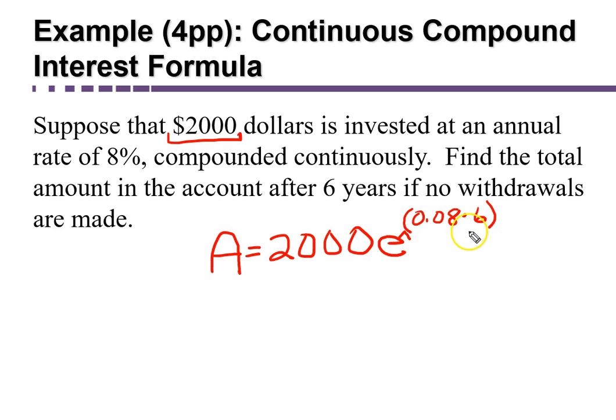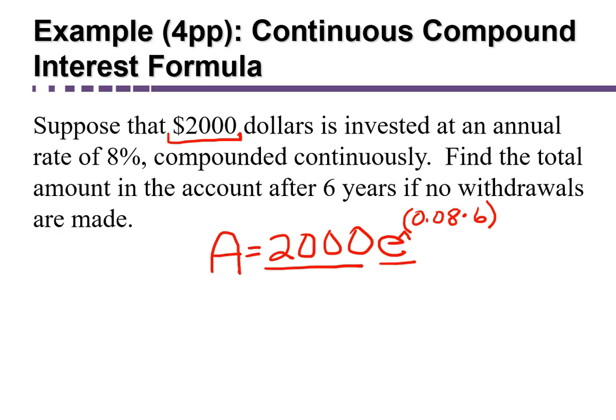Now you might say, how would I do that? Well, theoretically, you could put the 2,000 in, you get the E coming up, put your caret in, put this in parentheses, it's all one example, and then hit enter, and that's going to give you the answer. Now another way to do it is to put the E in, raise it to this power, put that in parentheses, then multiply it by 2,000.